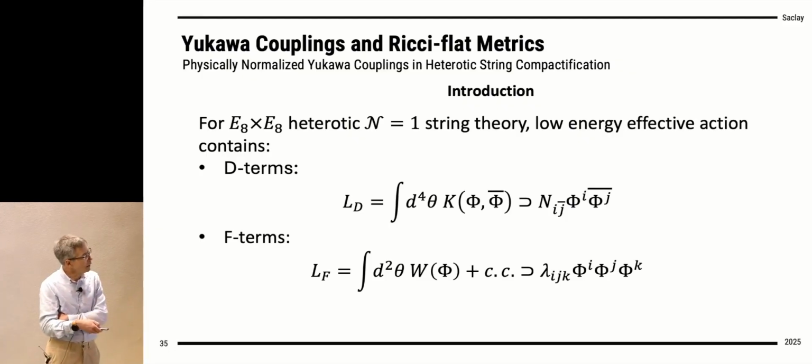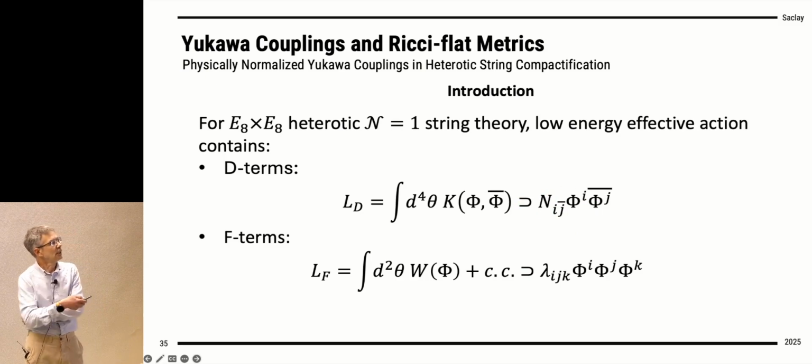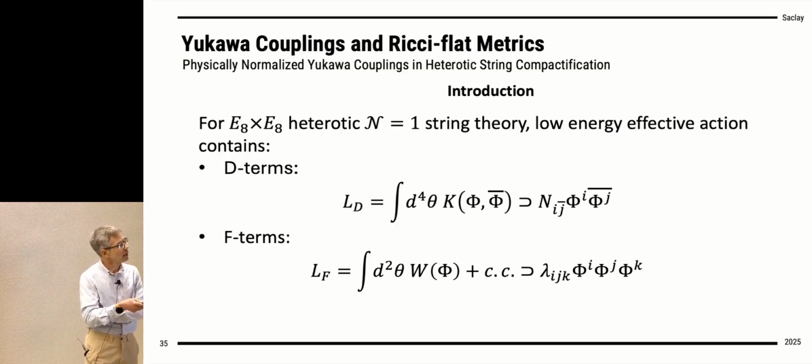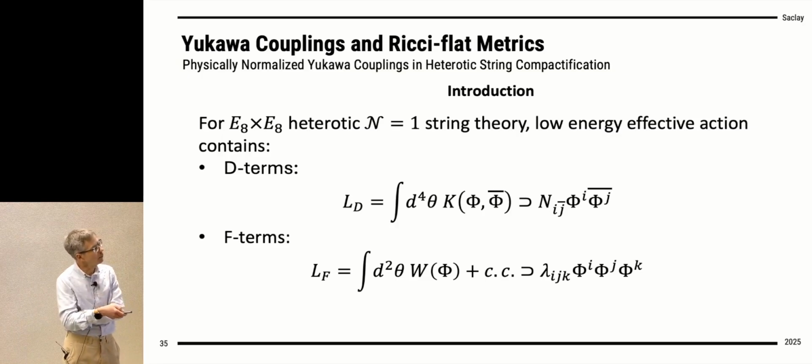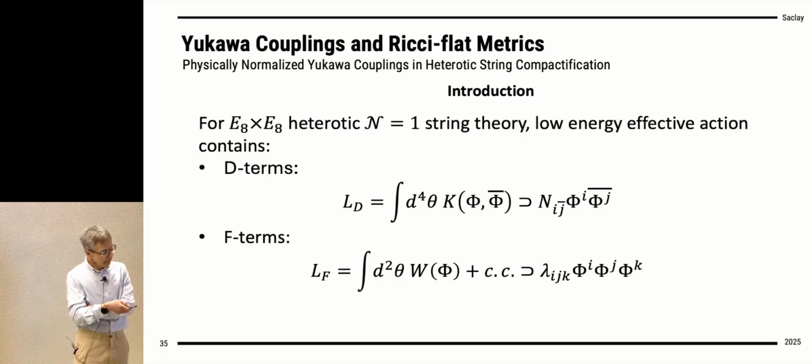So these quantities are going to depend on the number of i's and j's here. These are the number of scalar fields. They are related to the Hodge numbers, the individual Hodge numbers, H11 and H21, depending on what type of coupling we're interested in and what kinetic terms we're interested in.